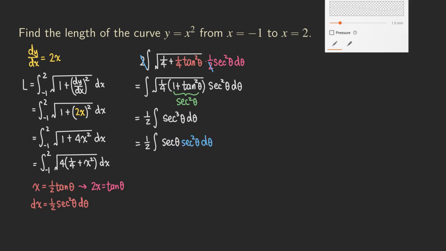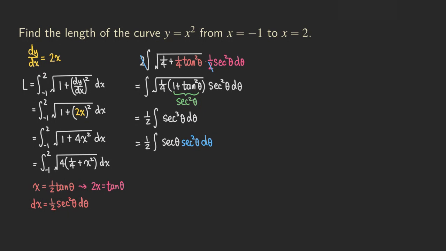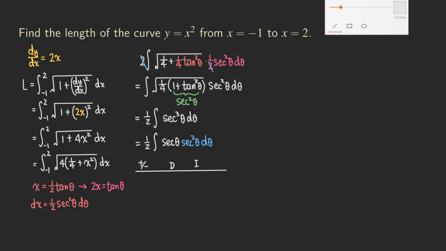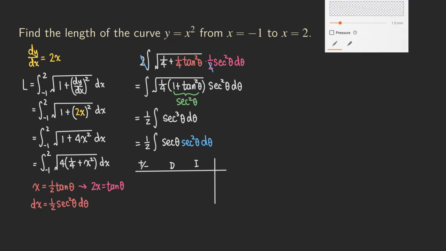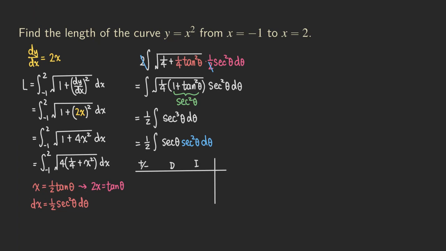And then now let's set up the integration by parts table here. So what happens is that we have plus, minus, and then D, and then I. I think we need more space.